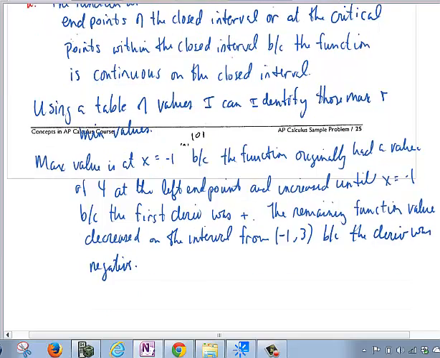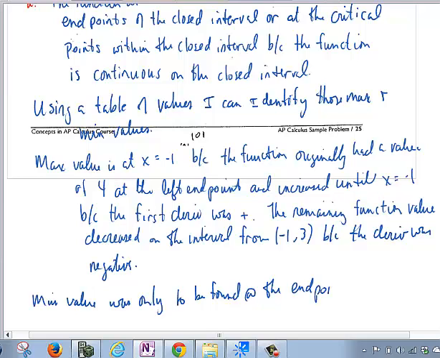The minimum value was only to be found at the endpoints because at the critical point x equals -1, that was a local max, which turned out to be the absolute max.